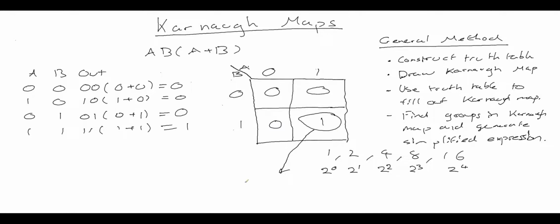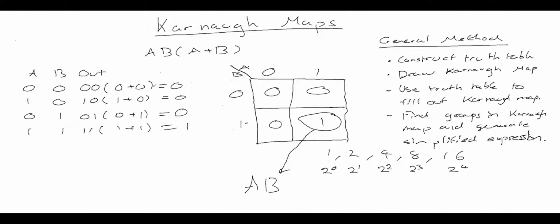And because A and B are both 1, the inputs are not inverted, and we simply AND those inputs that are common together to get our simplified expression. The Karnaugh map has shown us there that the simplified expression is A and B.